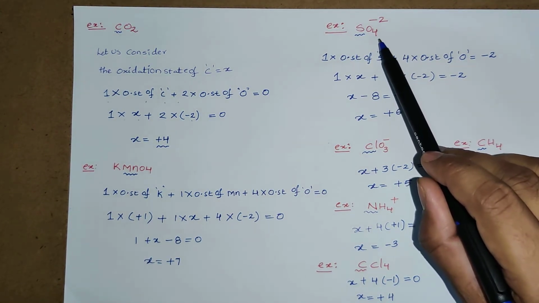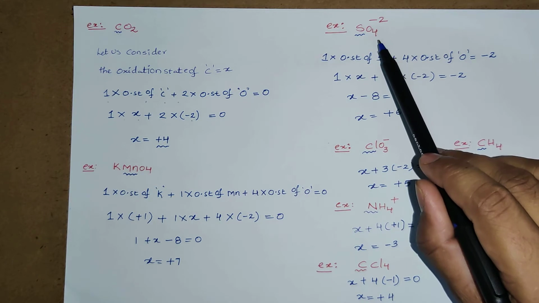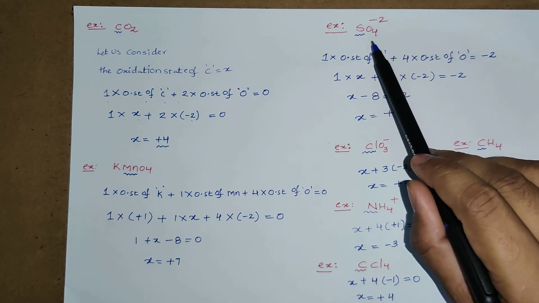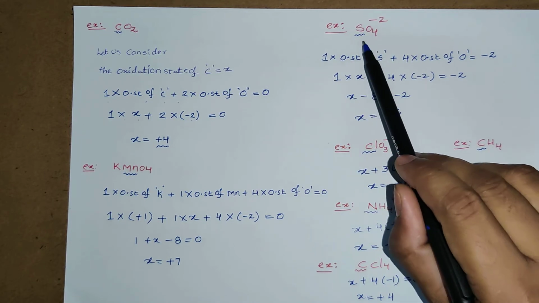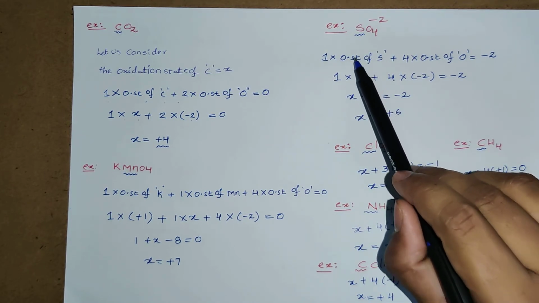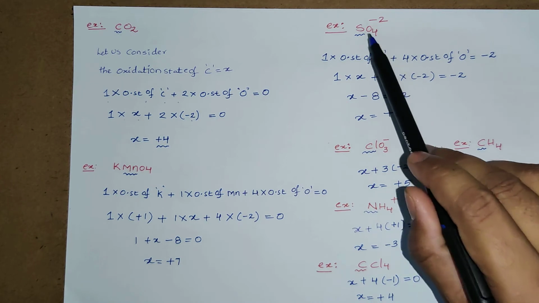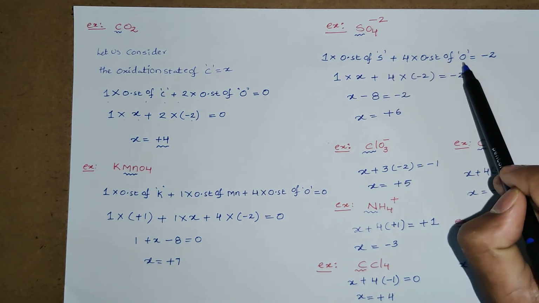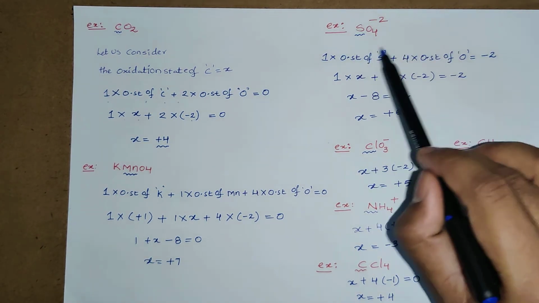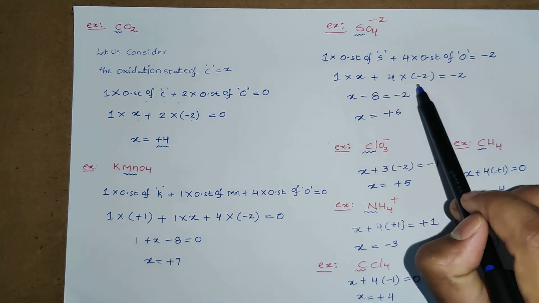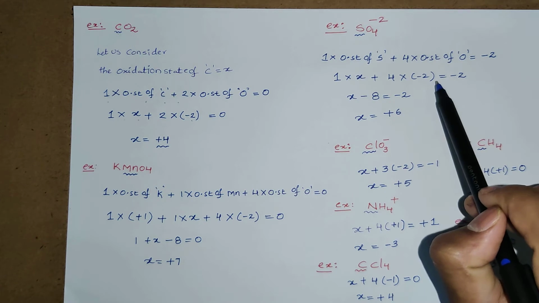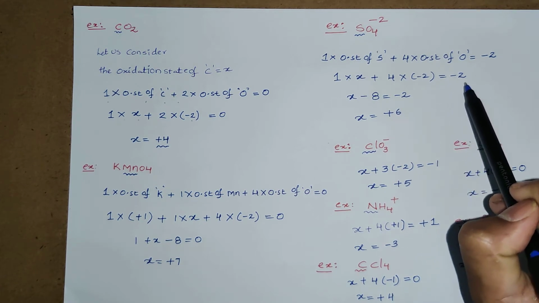Let us take another example. SO4 minus 2 is there. In SO4 minus 2, we need to calculate the oxidation state of sulfur. That is taken as X, 1 into oxidation state of sulfur plus 4 into oxidation state of oxygen is equal to the charge present on that one, it is minus 2. Then 1 into X plus 4 into oxidation state of oxygen, minus 2, is equal to minus 2.